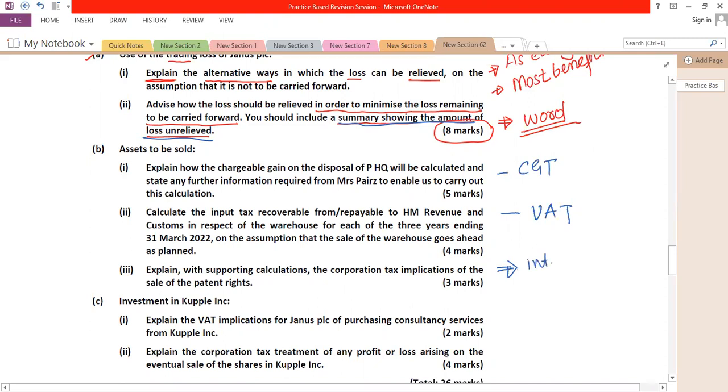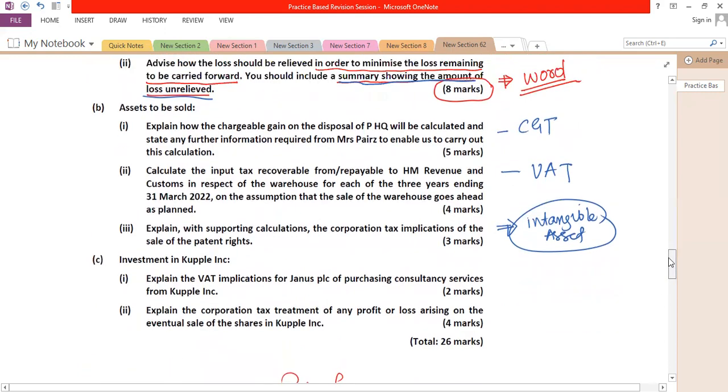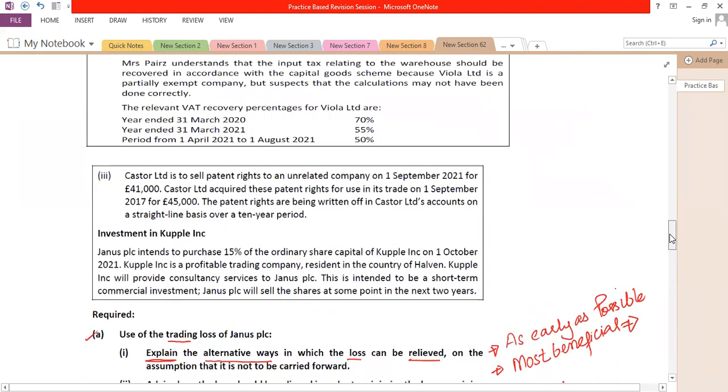This is relevant within the corporation tax, intangible asset. So it means 11 marks are available for corporation tax discussion, few marks for VAT, and few marks for CGT. So let's discuss the intangible asset part as well in this question.